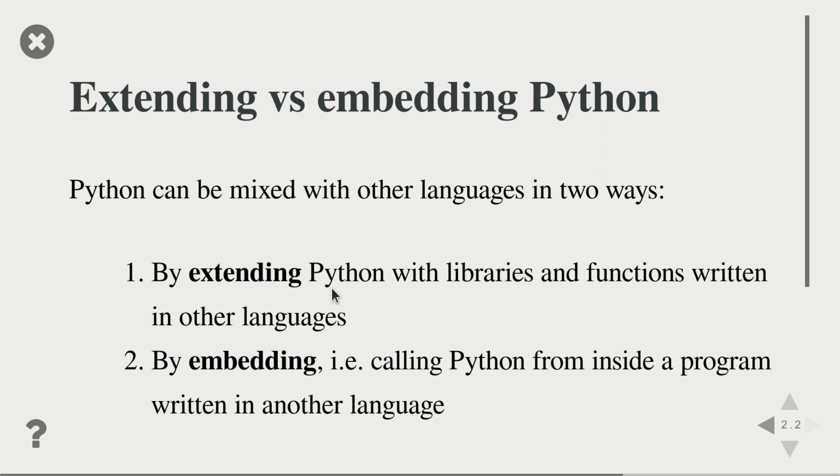I used to work on a big ocean simulator, which was written in Fortran. Because it's quite an old language, in order to quickly script something up, we would embed a Python program inside the Fortran code. That would allow us to mix both languages. But we are mostly talking about extending.